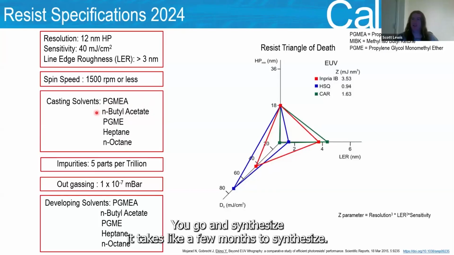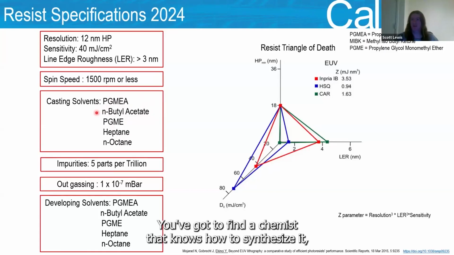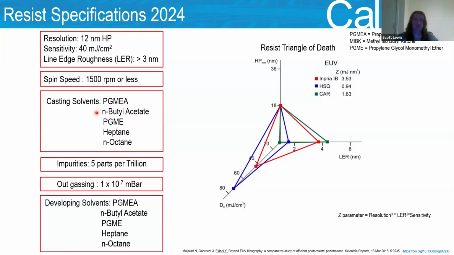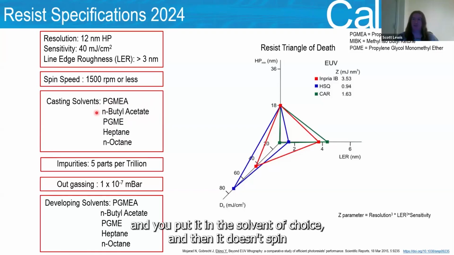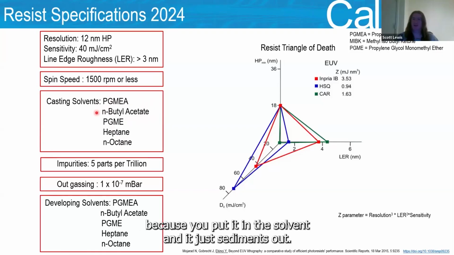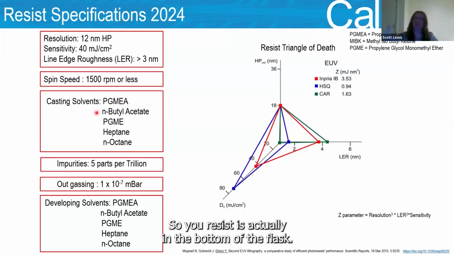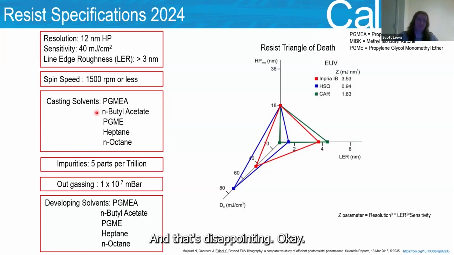You go and synthesize it. It takes a few months to synthesize. You've got to find a chemist that knows how to synthesize it. And you put it in the solvent of choice, and then it doesn't spin, because it just sediments out. So your resist is actually in the bottom of the flask, and that's disappointing. This is what really makes things hard.